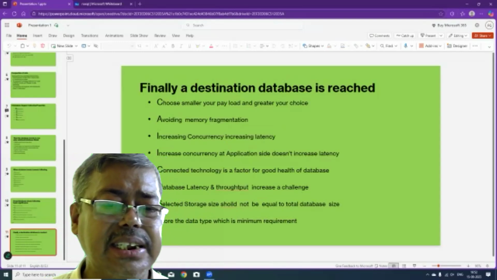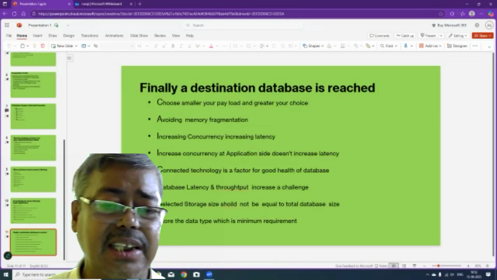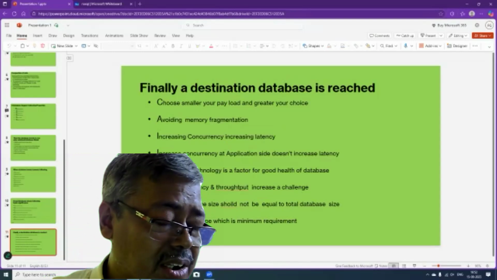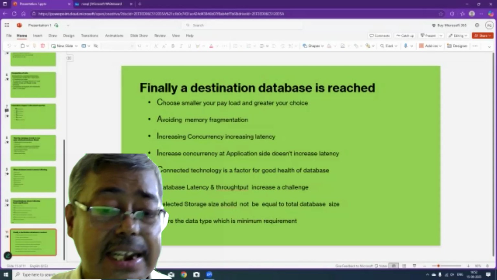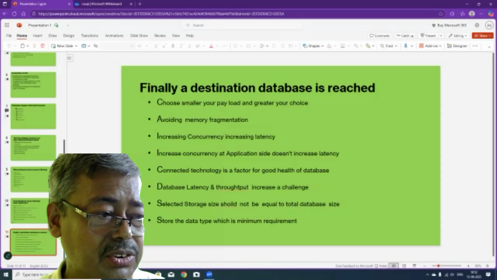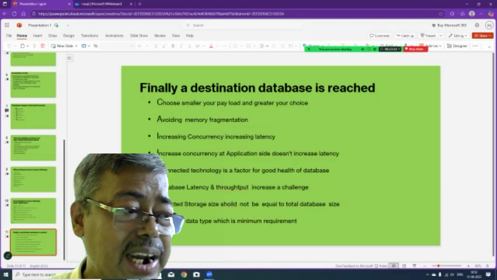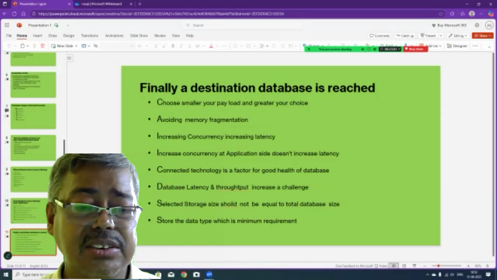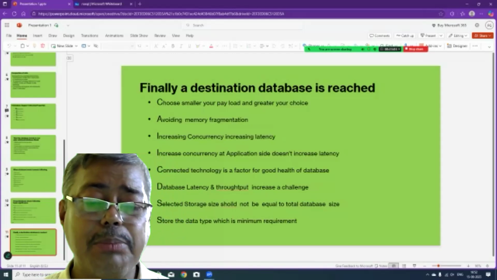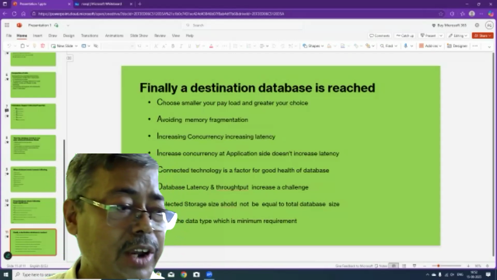Increasing concurrency at the application side does not increase latency, and it will not hamper concurrency at the database end. Connected technology is a factor of good database health, so the connecting technology and internal technology of the database should be fair and good. Database latency and throughput increase is a challenge. Selected storage size should not be equal to the total size of the database. Store the data type which is the minimum requirement.